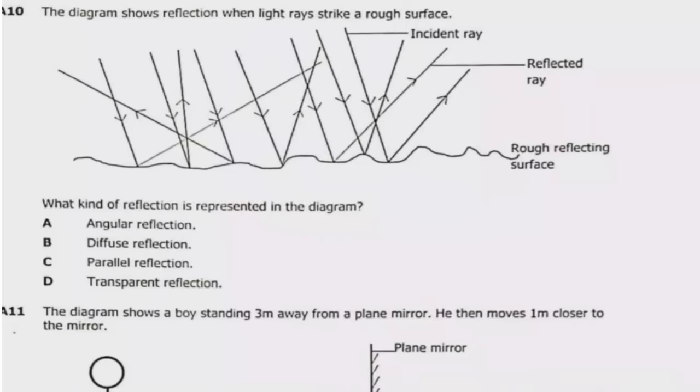I would have gone through the definitions of angular refraction, diffusion refraction, parallel refraction, and transparent refraction. I promise I'm going to make a video on this one so that I give you the detailed explanation.